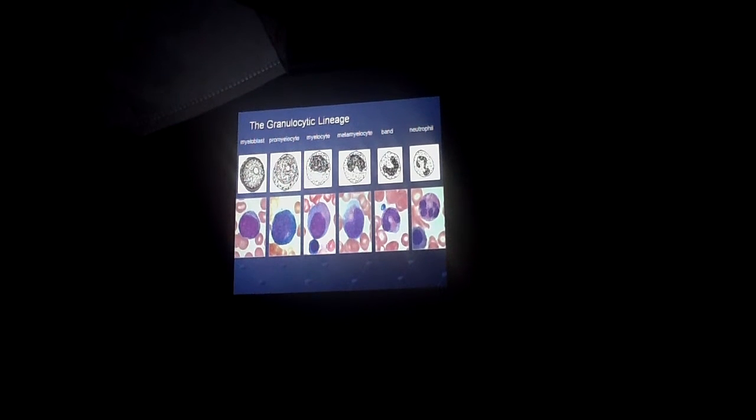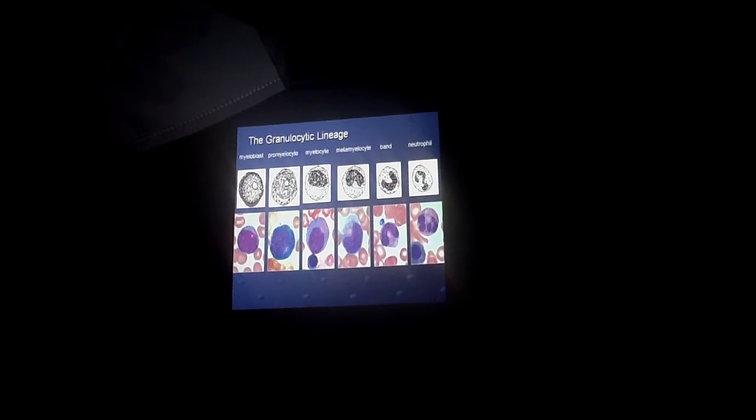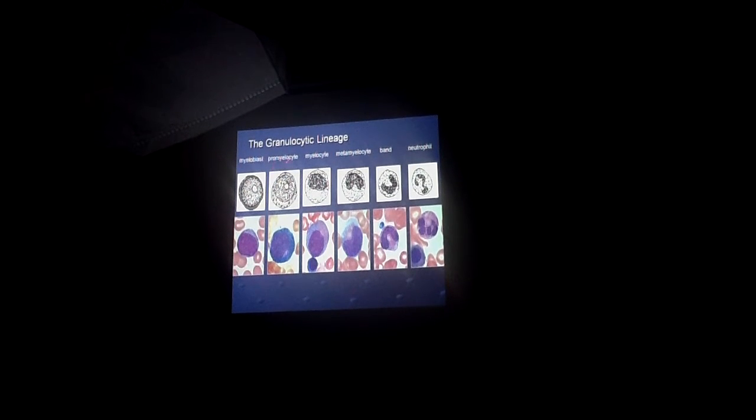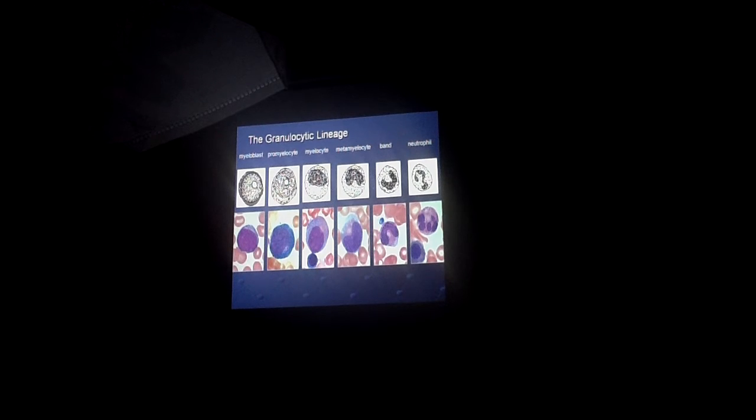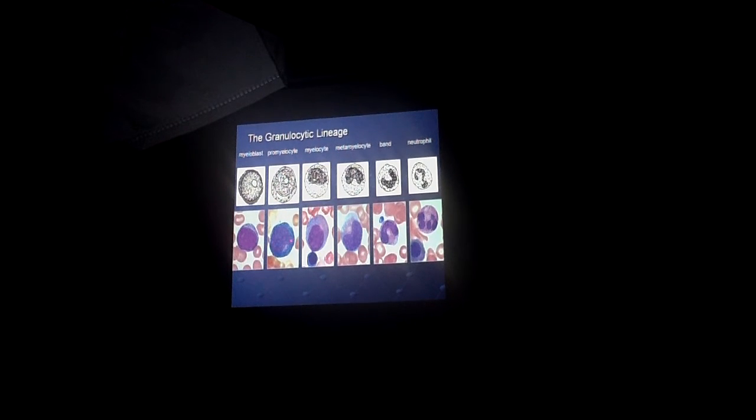So the next cell in the series or in the lineage, pag mag-mature na itong cell na ito, it will become a promyelocyte. Notice na dito sa diagram na ito, schematic representation of this cell, walang granule. And then dito naman, sa cell na ito, promyelocyte, as you can notice, mayroon ng granules. So, in reality, yan ngayon ang appearance ng promyelocyte.